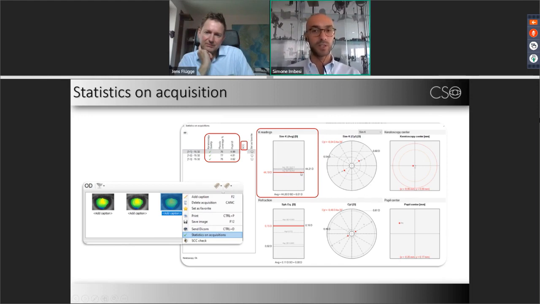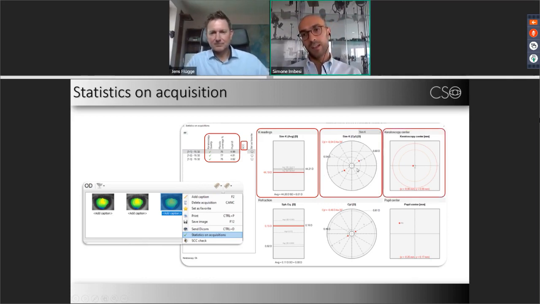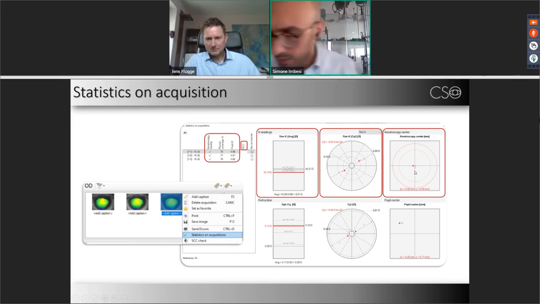We can get even information about corneal astigmatism, and one of the most important things that this report can analyze is the centration of the keratoscopy.